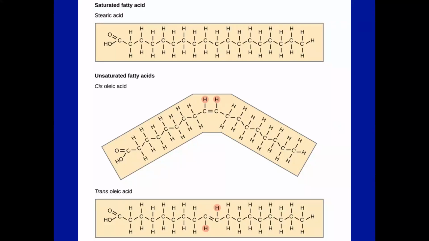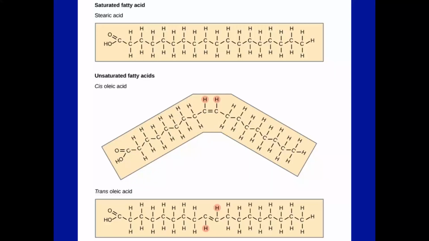While we're looking at this diagram, I want you to look at where the hydrogens are that are attached to the carbons that are themselves attached by that double bond. See how the hydrogens are both on the same side? In the bottom picture, you will see that it's kind of flat, kind of like a brick or a book, and the hydrogens are on opposing sides.